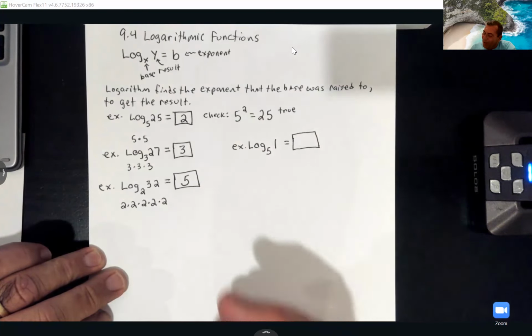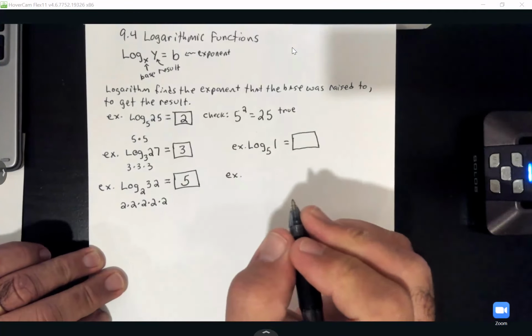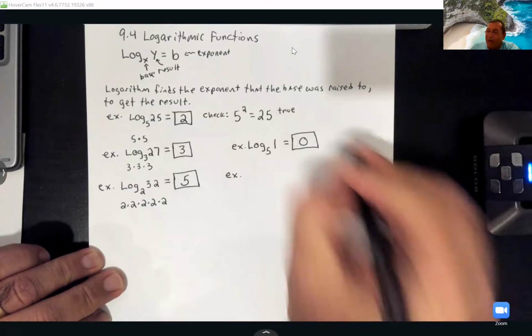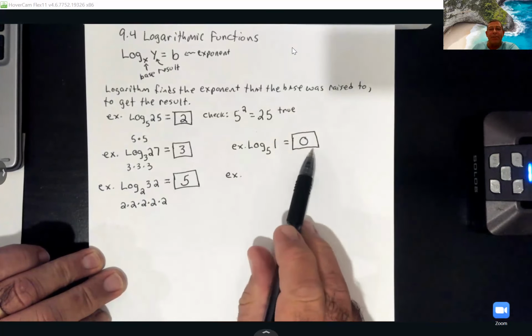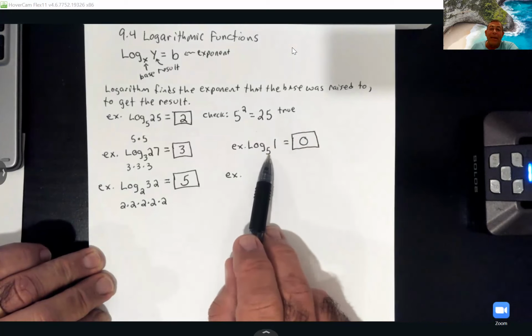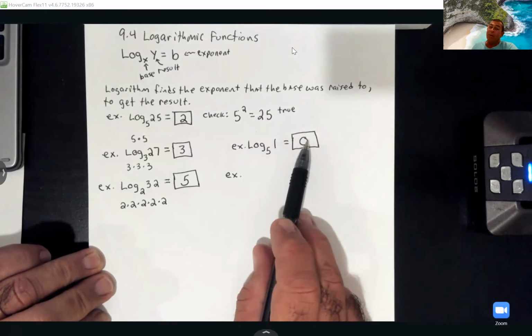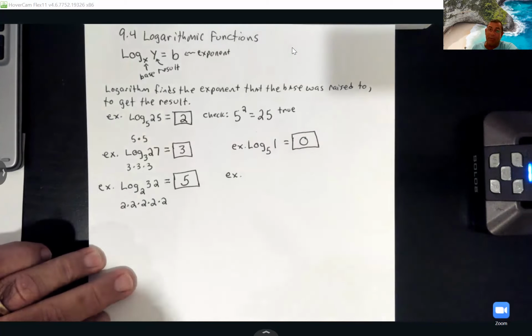Is it gonna be a 0? Okay, it'll be a 0. Because 5 to the 0 power is 1. Y'all, any base can be right here. If that results a 1, then that exponent has to be a 0 on that, okay?